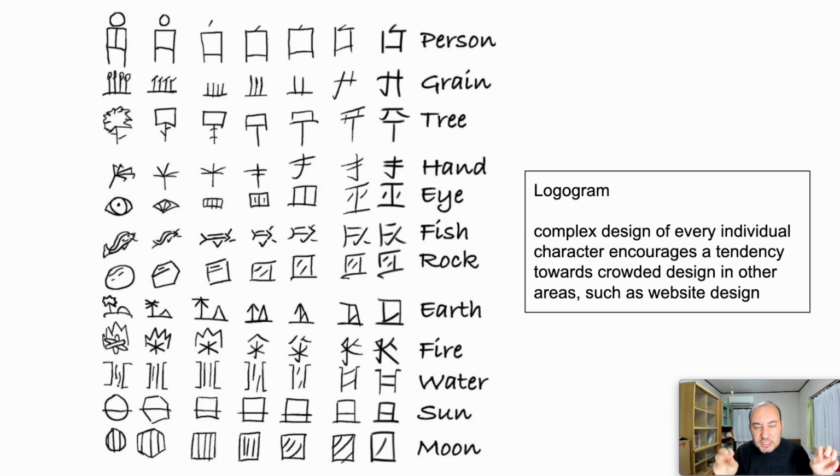So these people, by learning these languages, when seeing lots of different logograms here and there, are already familiar with picking information from a very small space. So the language itself already encourages a tendency towards a crowded design.